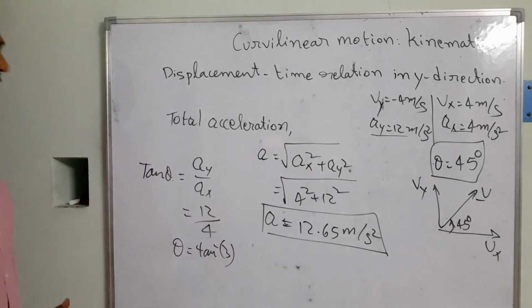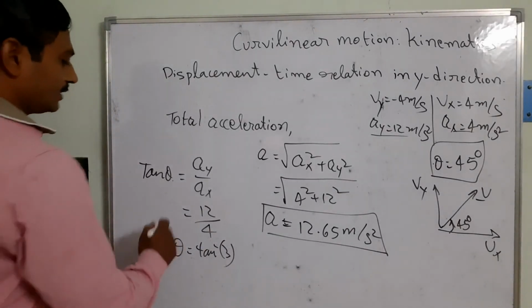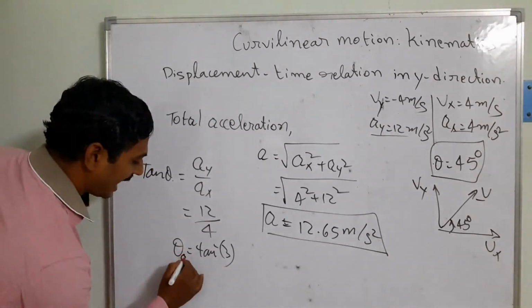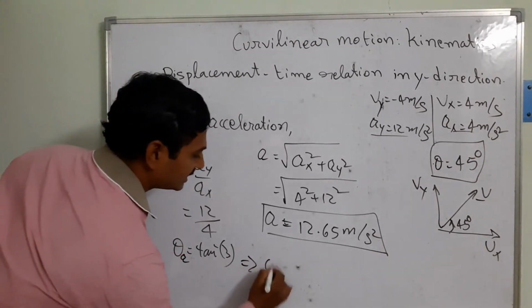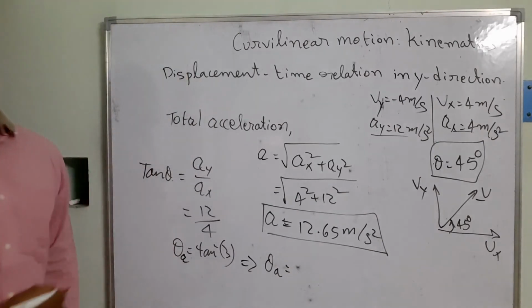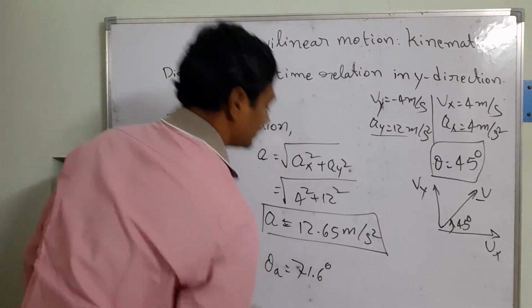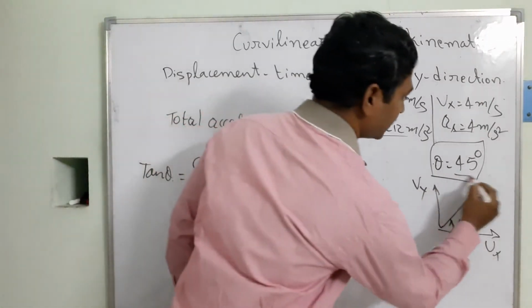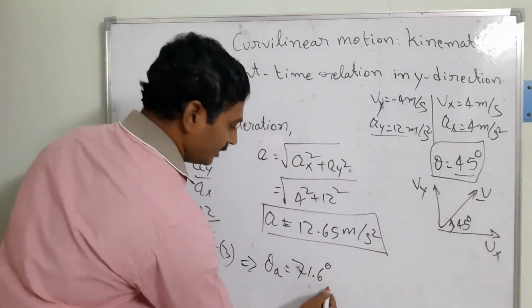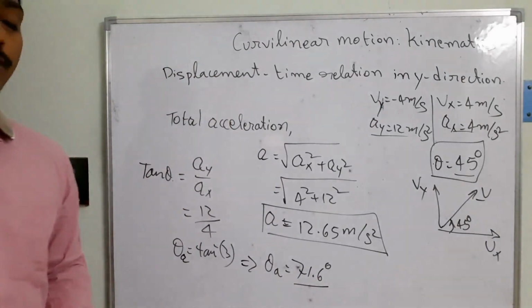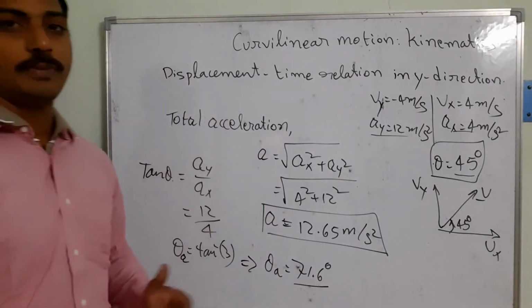Tan inverse 3, so what is the value we are going to be getting here? This is due to the acceleration. So from this, theta A is equal to 71.6 degrees. I got it. Can you see, for the velocity we got 45 degrees, and for this one we are getting 71.6 degrees. This way we are going to be calculating.